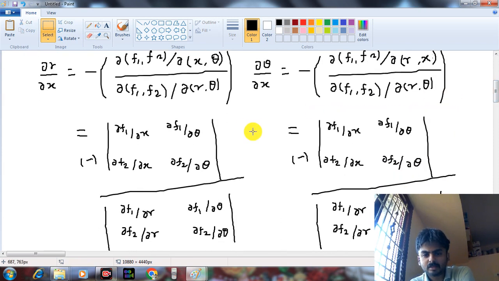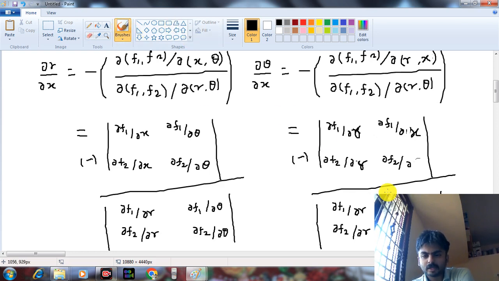And here we will have ∂f1 with respect to ∂r and ∂f1 divided by ∂x, and here ∂f2 by ∂r and ∂f2 by ∂x, okay.